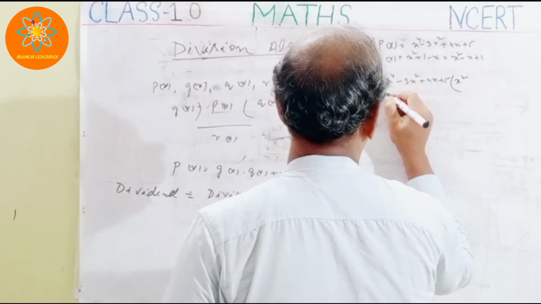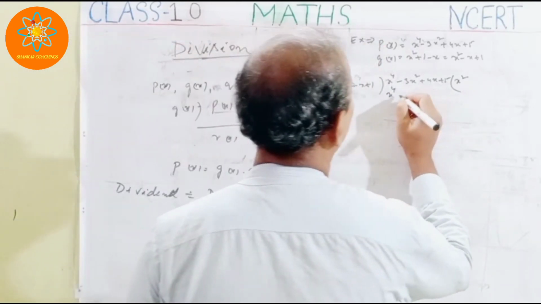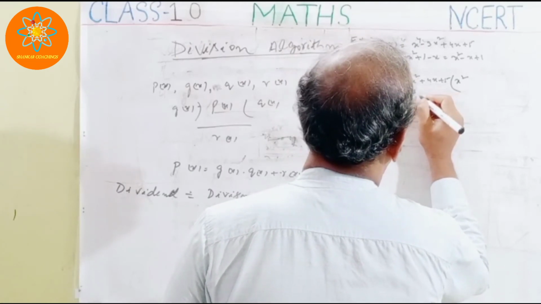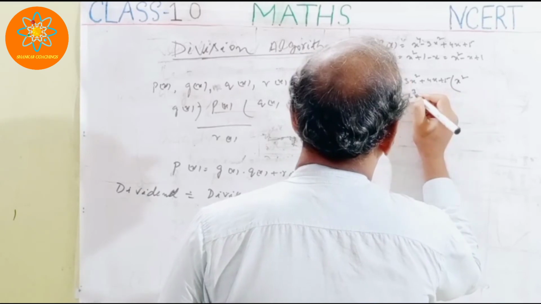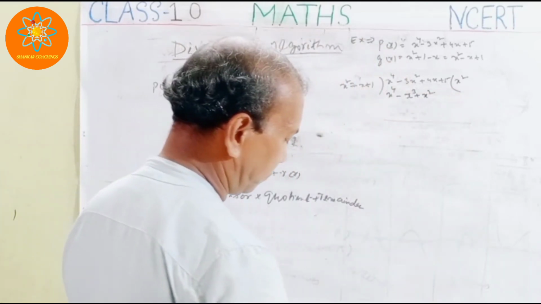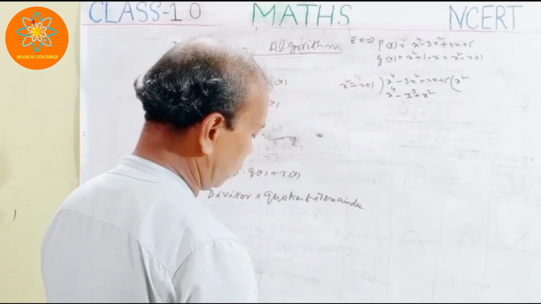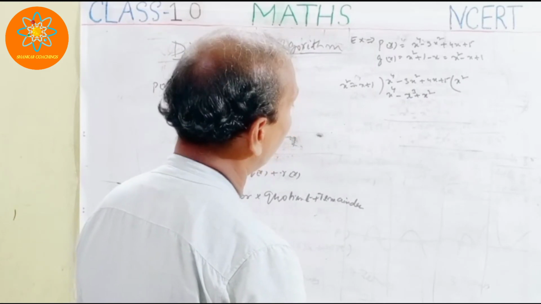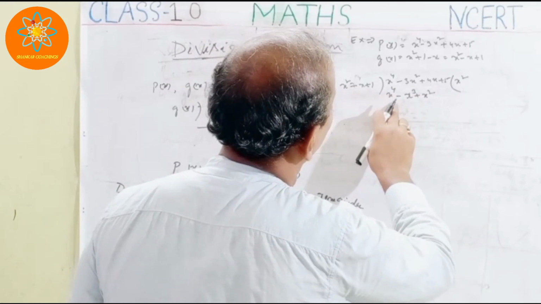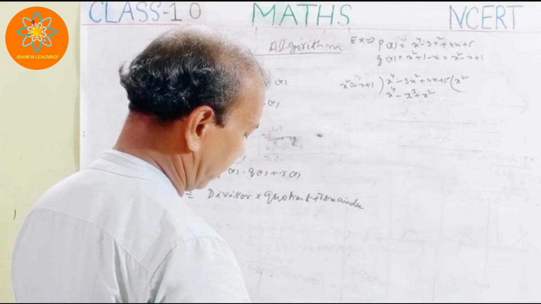So x square times this gives x to the power 4, and then minus x cube, and then plus x square, in this way: x4 minus x cube plus x square.